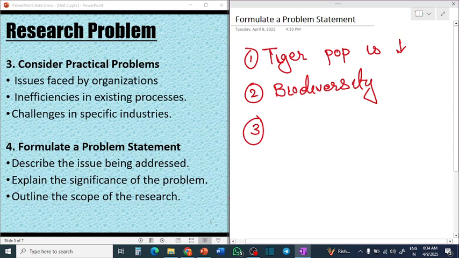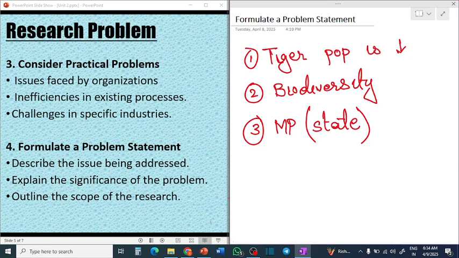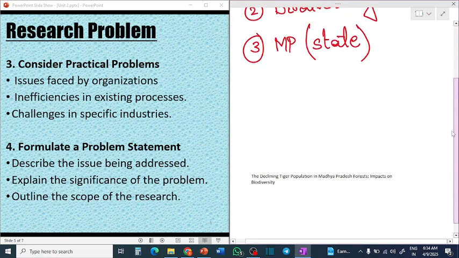So we have selected the state of Madhya Pradesh for our research. So these are the 3 points which are there. You have to formulate a problem statement, or when you are formulating your title, you have to include all these 3 points. The tiger's population is decreasing, it is affecting the biodiversity negatively, and we are doing our research in Madhya Pradesh. So look at this title.